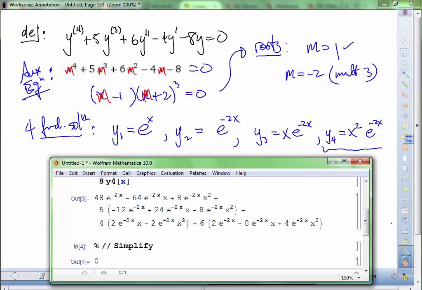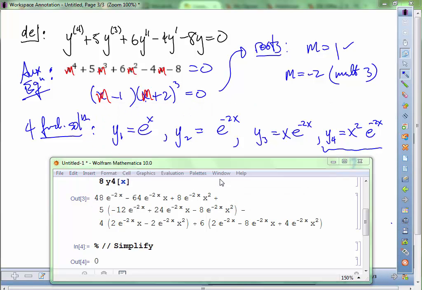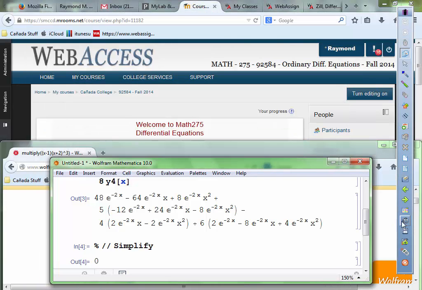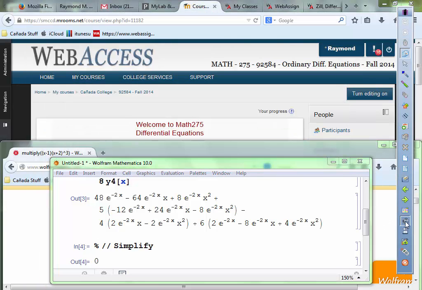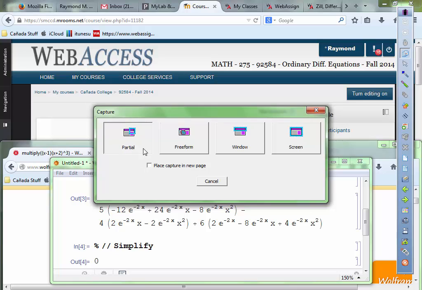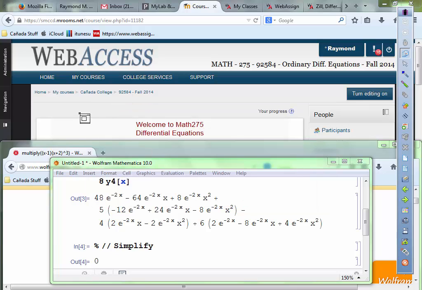So you can double check the work if you want, or you can just trust your output from Mathematica.